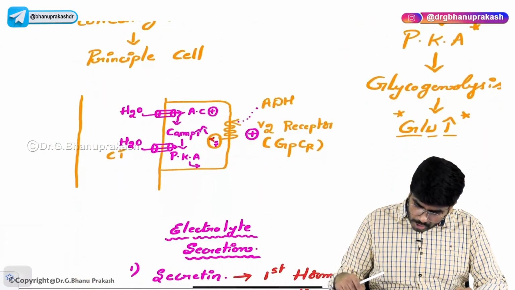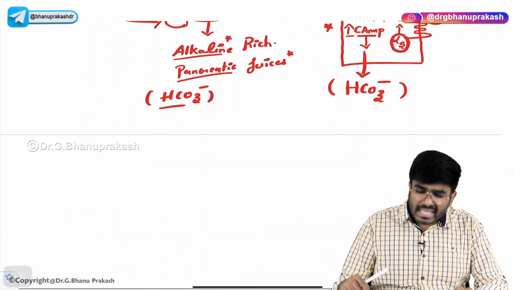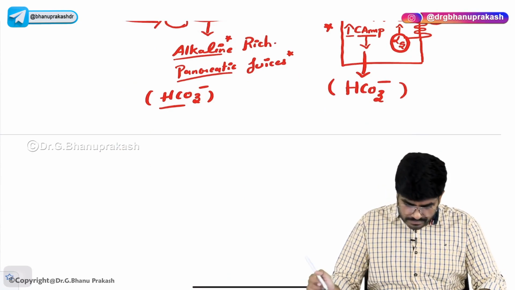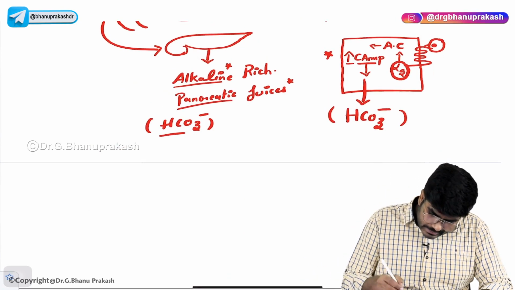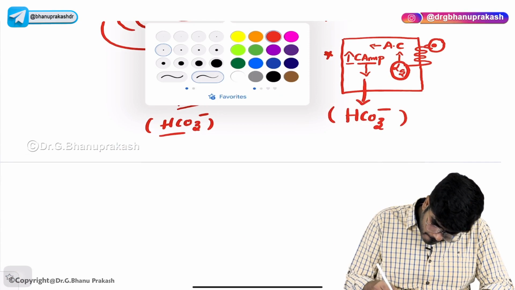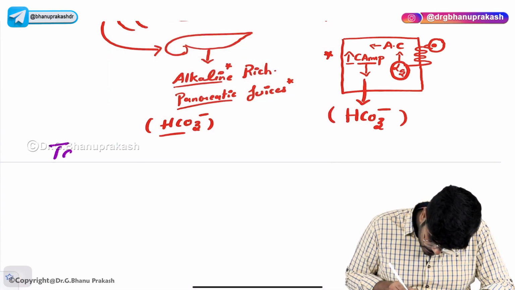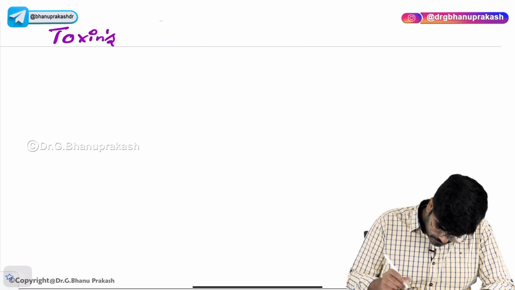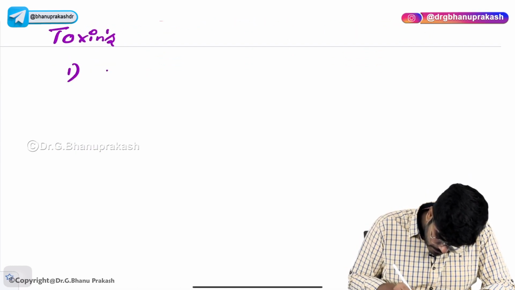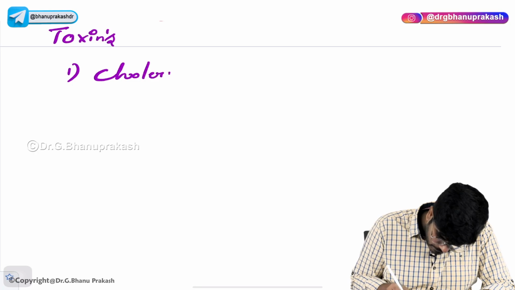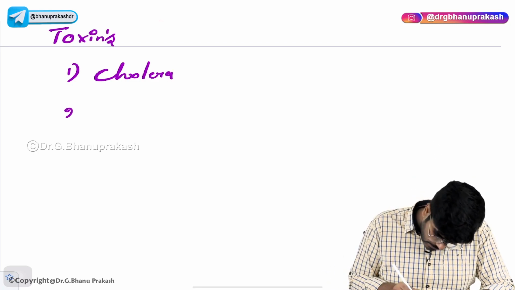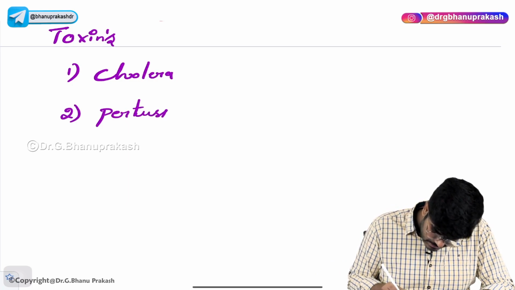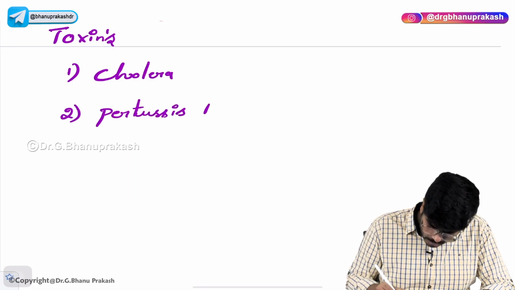One more important point, not only hormones like secretin use the cAMP for more electrolyte secretion. One important point is toxins like cholera toxin and pertussis toxin.